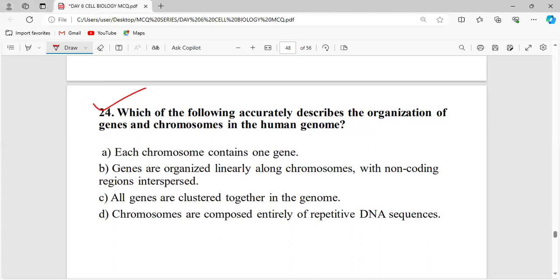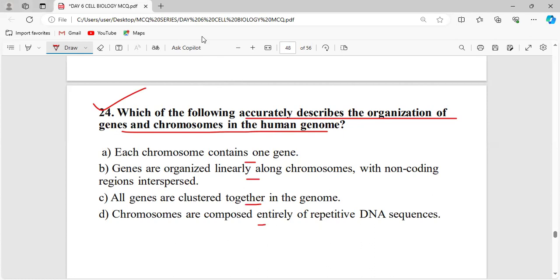And which of the following accurately describes the organization of genes and chromosomes in the human genome? Each chromosome contains one gene. Genes are organized linearly along the chromosome with non-coding regions interspersed. All genes are clustered together in the genome.